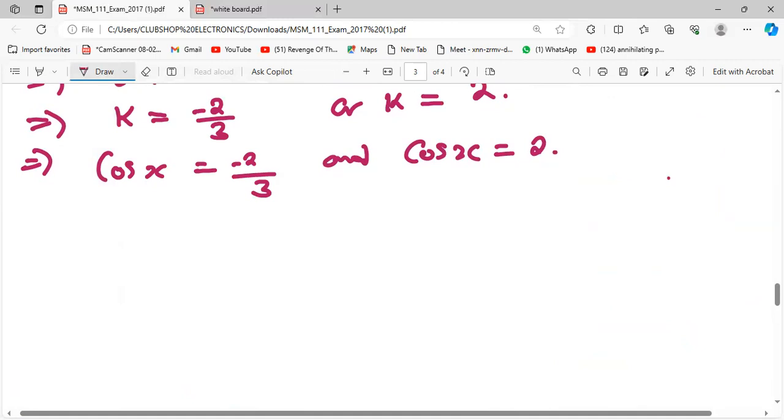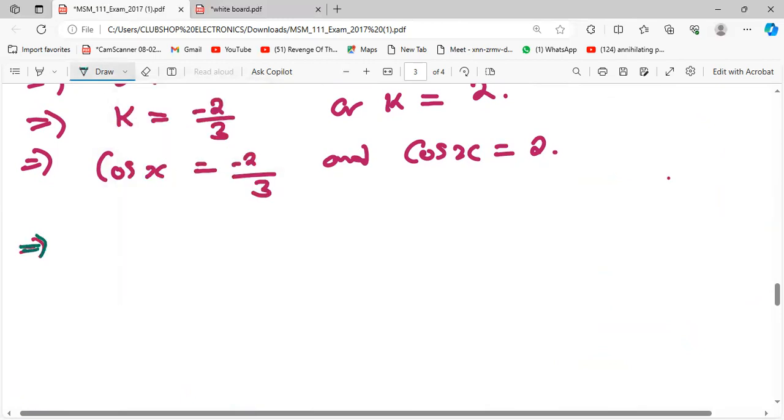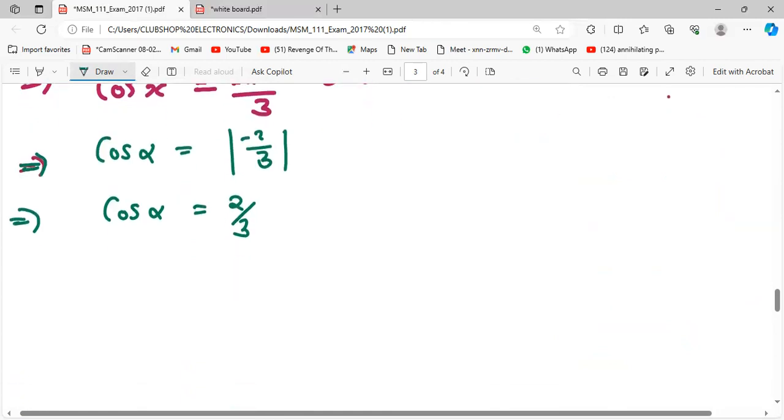So now we solve this. First we get alpha. These are trigonometric equations, so first we must get alpha. So I'm going to say cos alpha is equal to the absolute value of negative 2 over 3. Now, cos alpha is an acute angle which you must get. In this case, we are going to have cos alpha equal to 2 over 3, right?